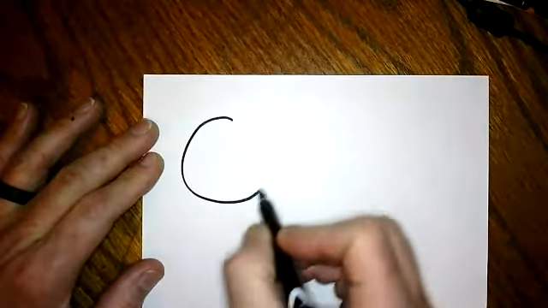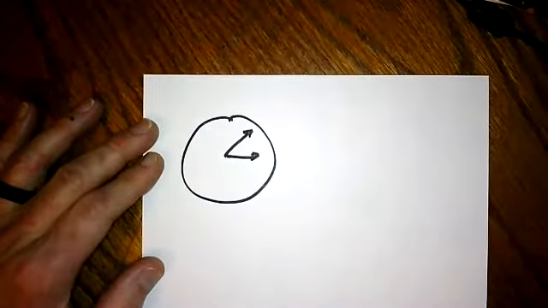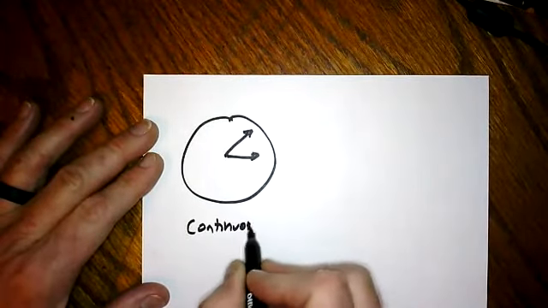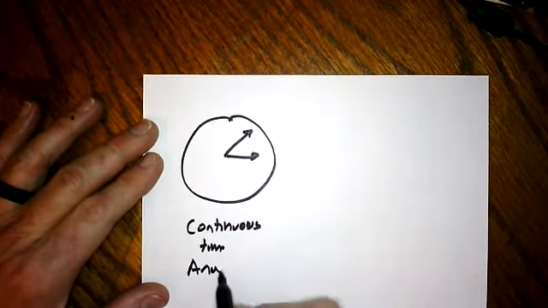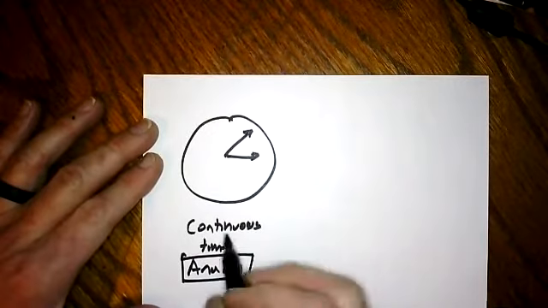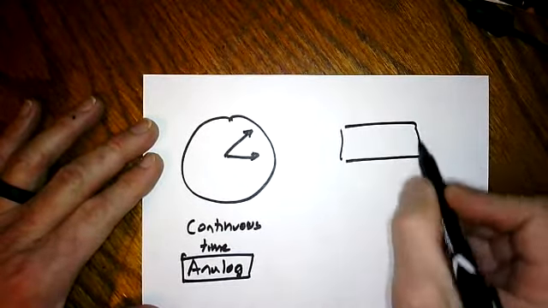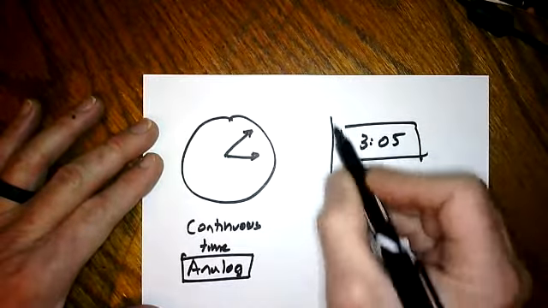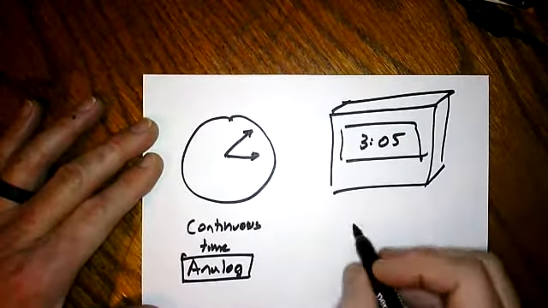Okay, so back to analog signals. Analog signals are continuous time functions. Okay, continuous time. That's what analog is, a continuous time function. Digital signal, discrete. Here's my clock, okay?